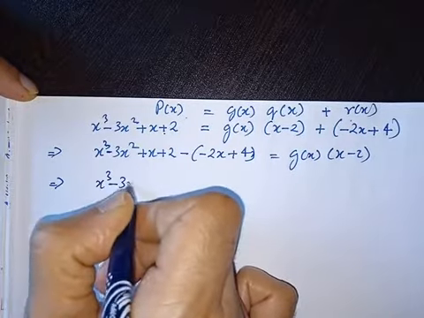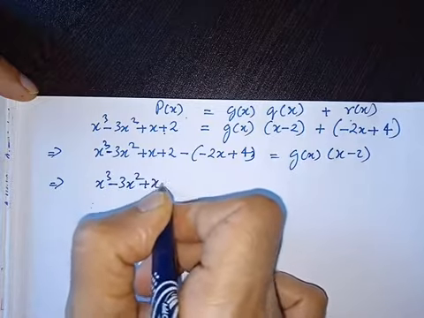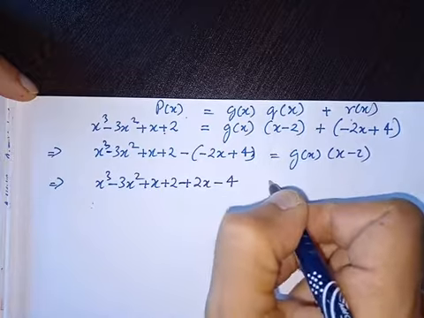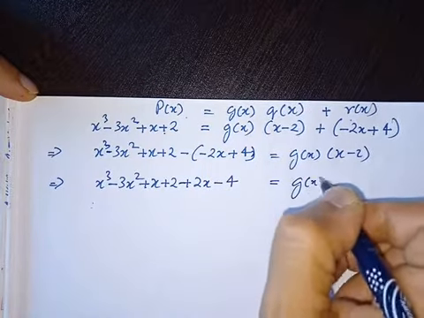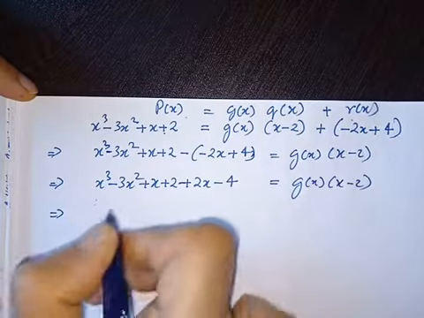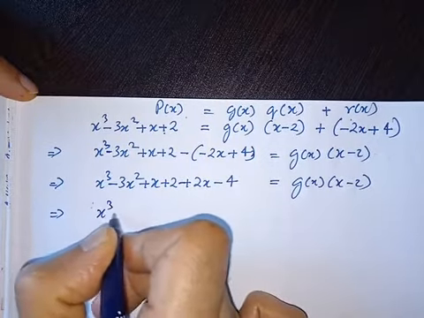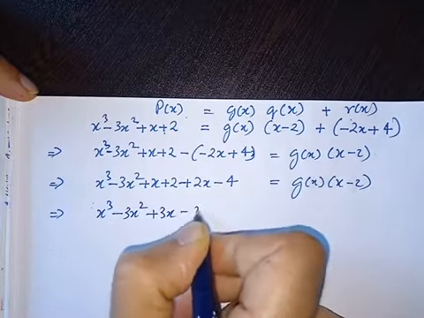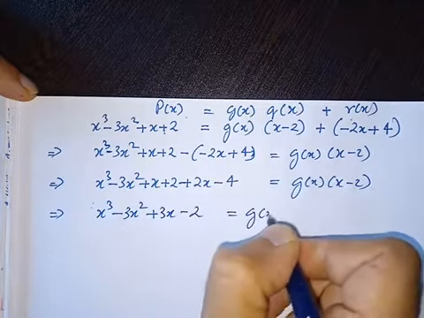And now solving the left hand side, x cube minus 3x square plus x plus 2 plus 2x minus 4 is equal to gx into x minus 2, which on further solving gives x cube minus 3x square plus 3x minus 2 is equal to gx into x minus 2.